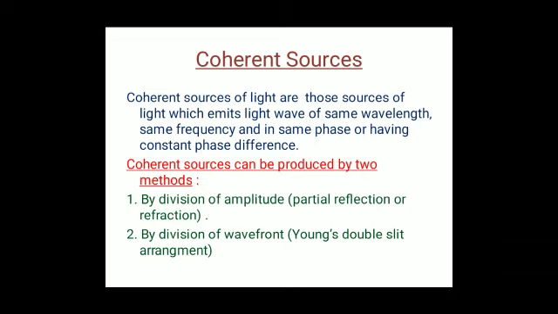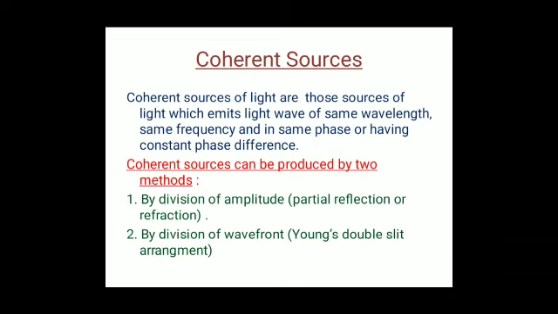If we use two different light sources, two bulbs or two tube lights or two candles, they can never fulfill these conditions. They will never behave as coherent sources because the phase difference between the lights coming from them will change with time.